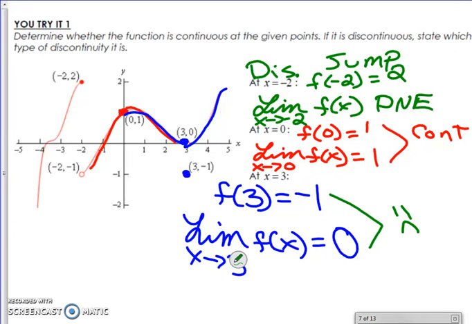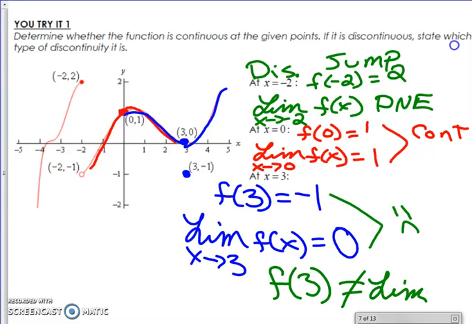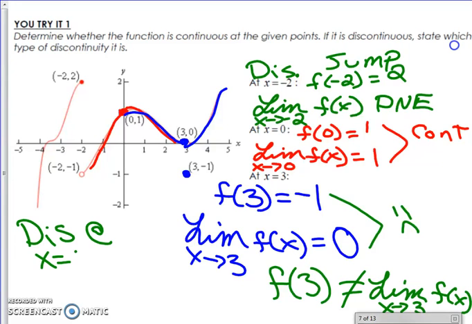That makes me sad. So you'd say f of 3 does not equal the limit as x approaches 3 of f of x. And so then we would conclude that it is discontinuous at x equals 3.